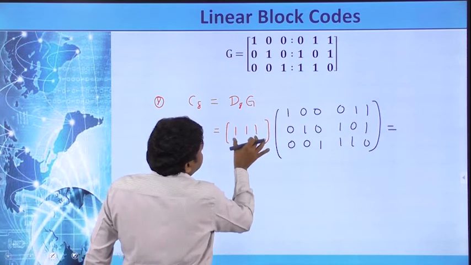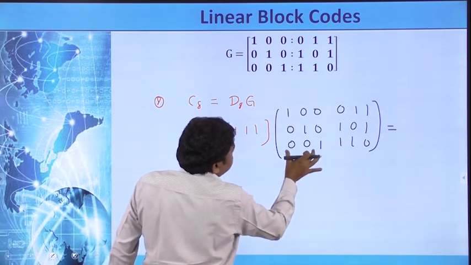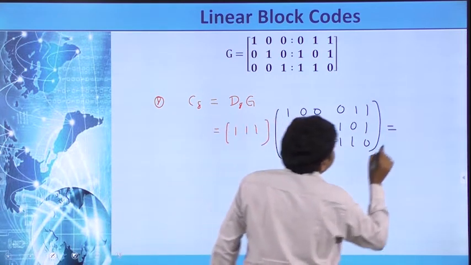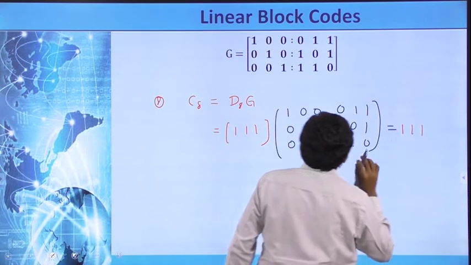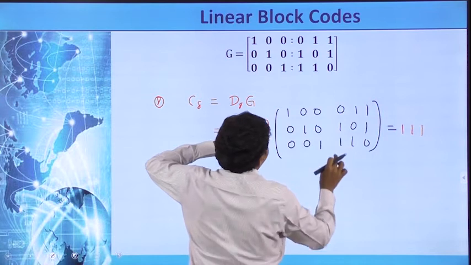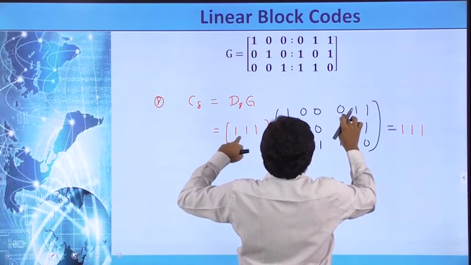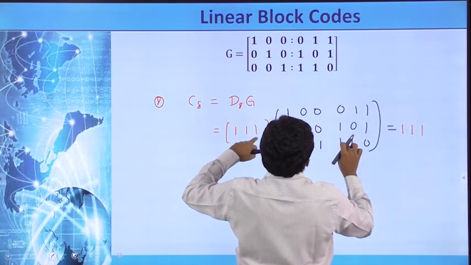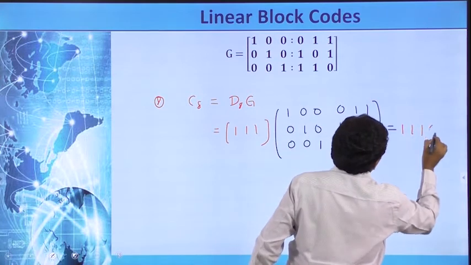Multiply these data bits with the identity matrix, you get the same, that is 1 1 1. And how to calculate the rest of the bits? Multiply this one with the fourth column. 1 into 0 is 0 plus 1 into 1 is 1 plus 1 into 1 is 1. So it is equal to 0.